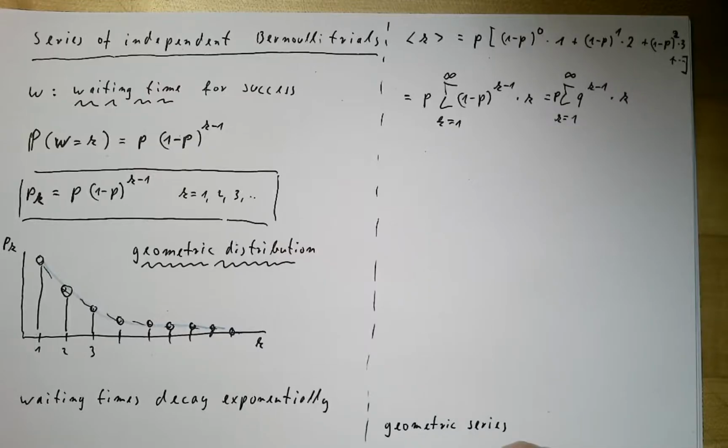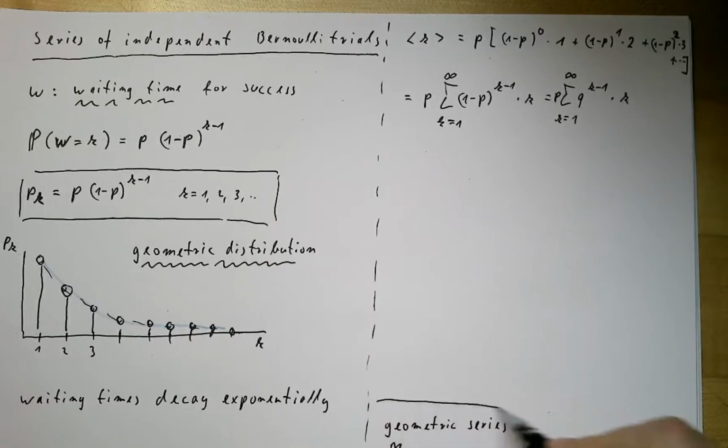So the sum of q to the power k, where k goes from 0 to infinity, is just 1 over 1 minus q, if q is smaller than 1.